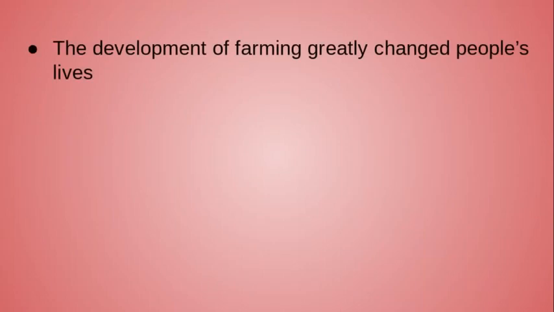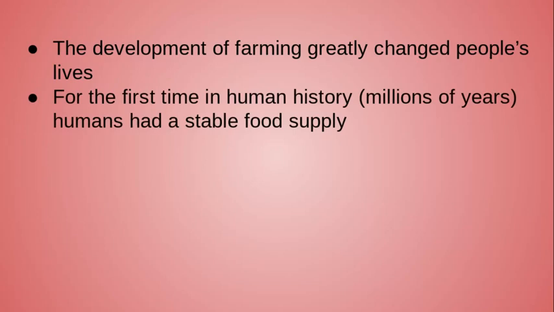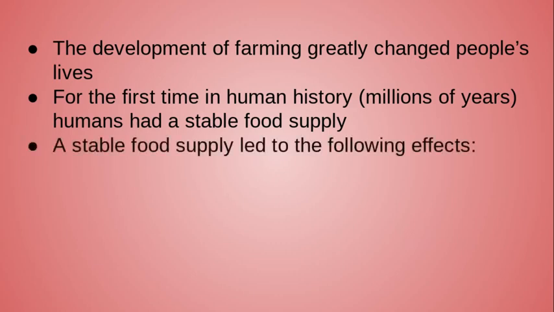All right, we're at the end, guys. Let's do a real quick recap here. The development of farming greatly changed people's lives. For the very first time in human history, millions of years we're talking about here, humans had a stable food supply. That stable food supply then caused a variety of things to happen.